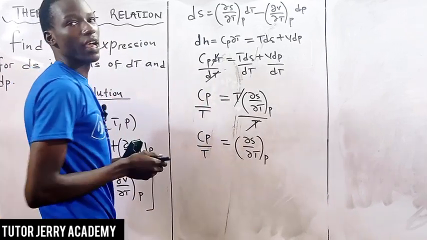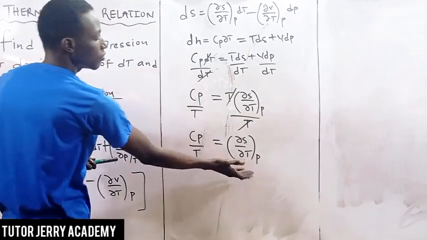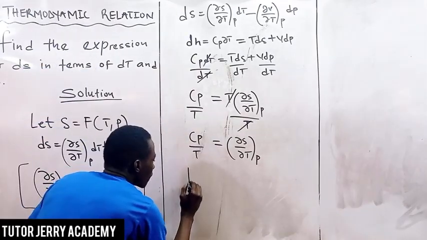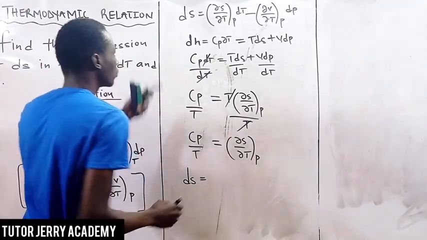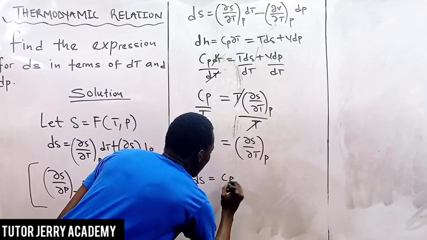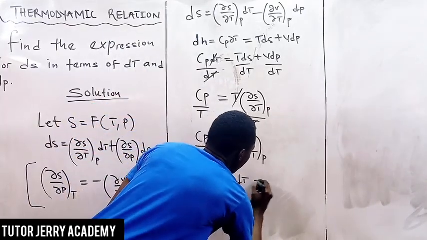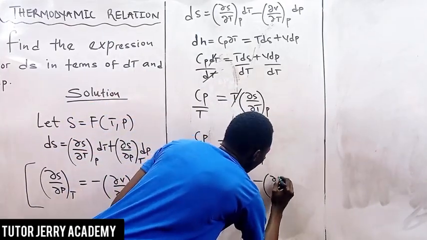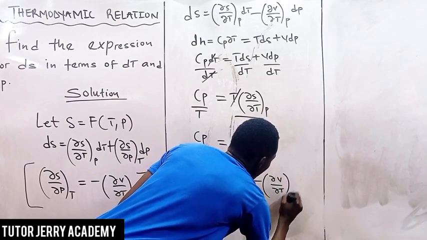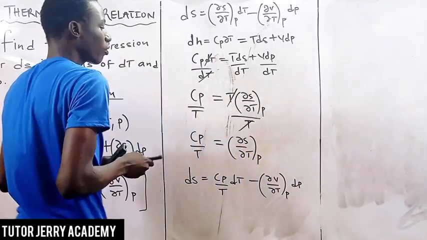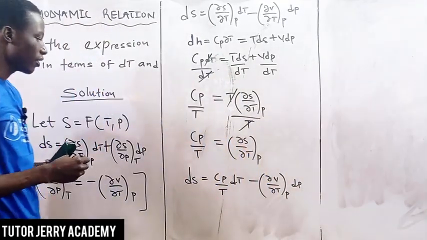I substitute this in the equation, so dS will be equal to Cp over T dT minus dV over dT, keeping P constant, dP. So this is what I am going to have.